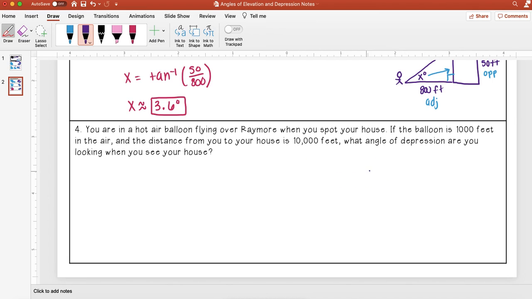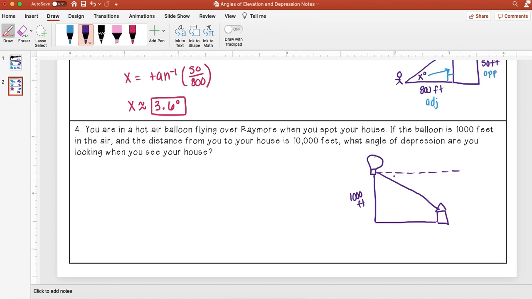Okay, so for this one, I'm in a hot air balloon. And it's 1,000 feet in the air. And I spot my house. And it says, I'm looking for the angle of depression you're looking when you see your house. So I'm up above looking down below at something.